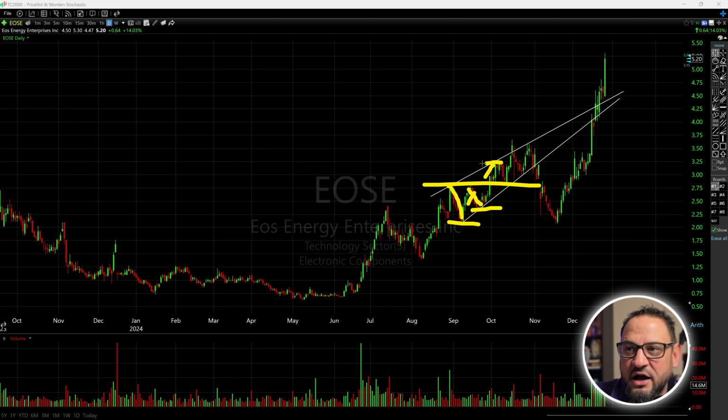The bulls make another higher low. So you see that stair step: the bulls are pushing the support upwards, and the bears are not able to hold their ground.